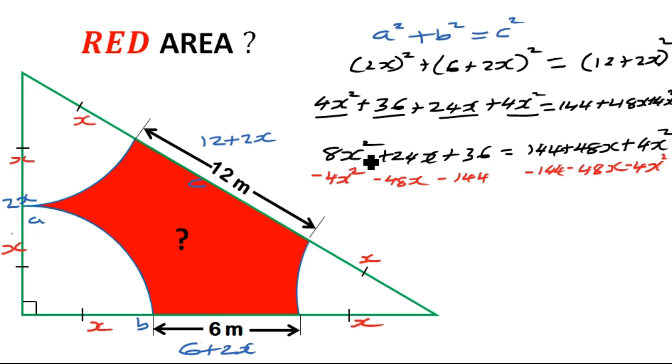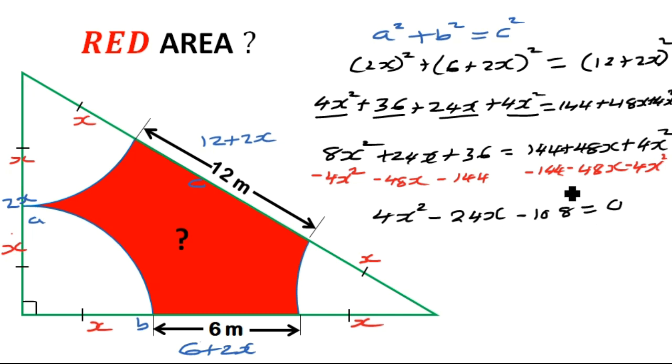So what do we get? 8x squared minus 4x squared will remain with 4x squared, plus 24x minus 48x will get negative 24x, plus 36 minus 144, 36 minus 144 will have negative 108, equal to what?